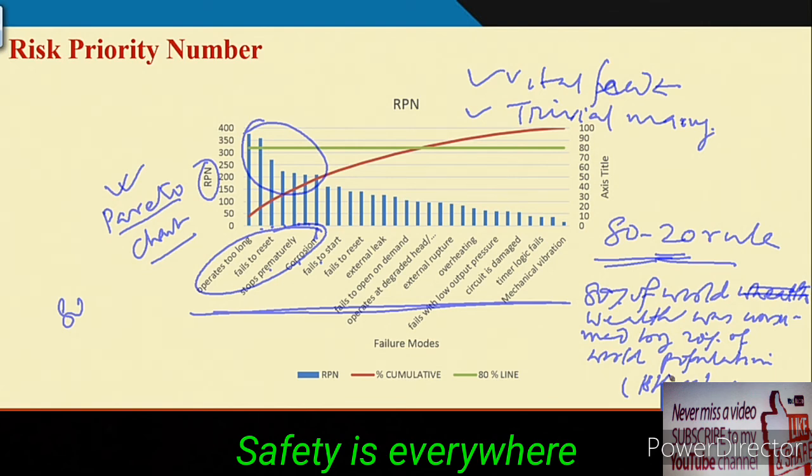At the time when he was alive, he observed this phenomenon, and after that we use it in terms of a chart, and it has a lot of applications.